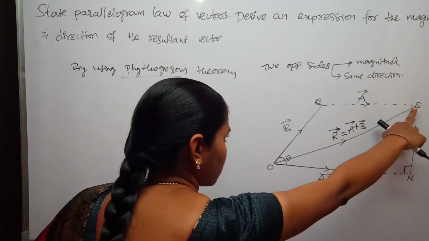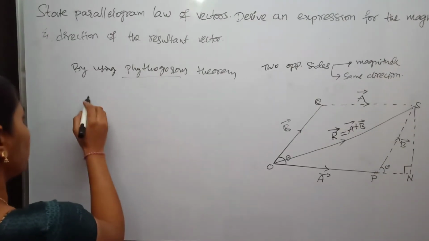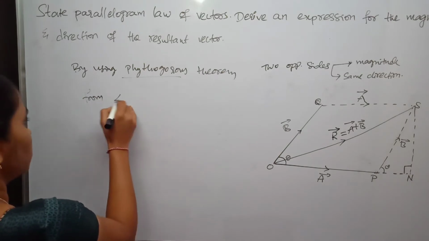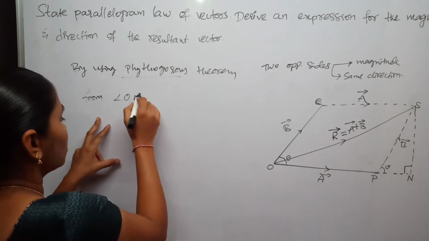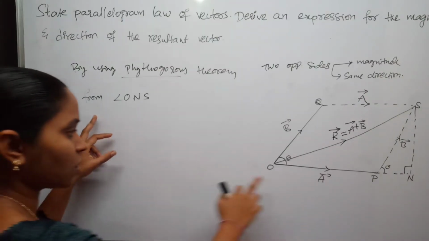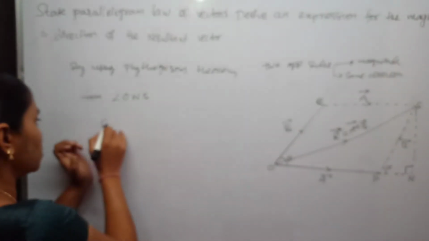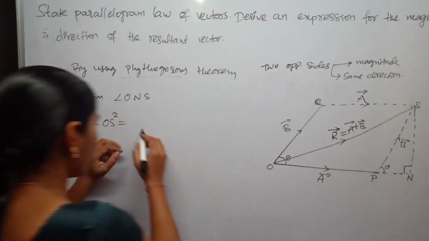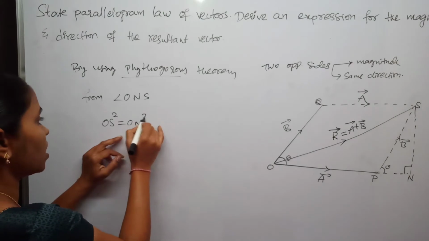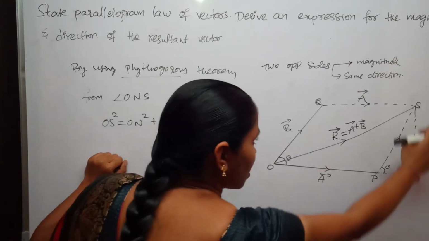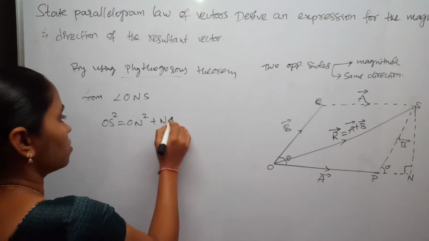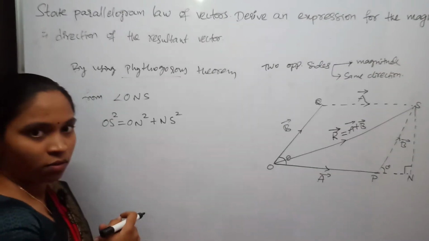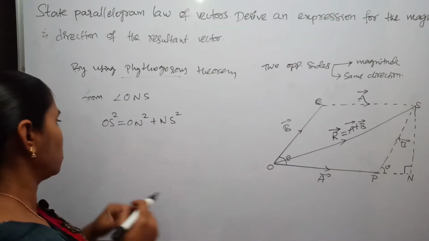Hypotenuse square, that is OS square, from triangle ONS, OS square is equal to ON square plus NS square from Pythagoras theorem, right?